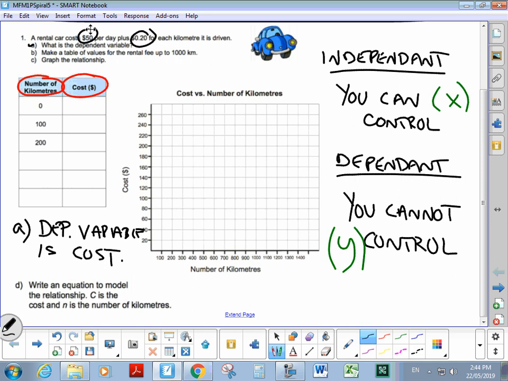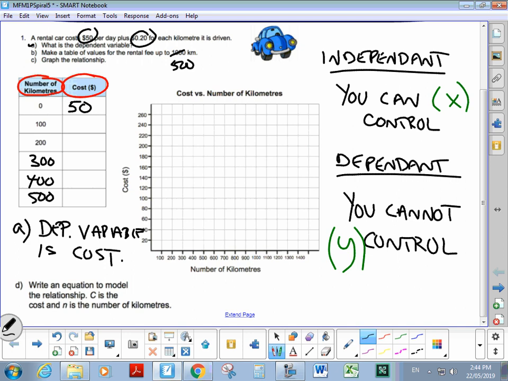Make a table of values for the rental fee up to 1,000. I'm not going to go up to 1,000. Let's go up to 500, just because that's the amount of space they gave us. We have to fill in the y values. If I don't drive the car anywhere, it's going to cost me $50.